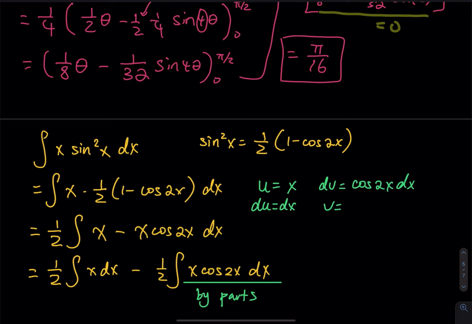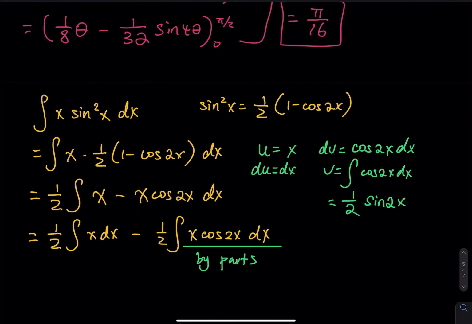The v is equal to the integral of that, which is equal to sine, right? So we have sine of 2x, and we have to prepare an extra 1/2 in front of it, because when you take the derivative using chain rule, that produces a 2. And then you do uv minus integral v du.